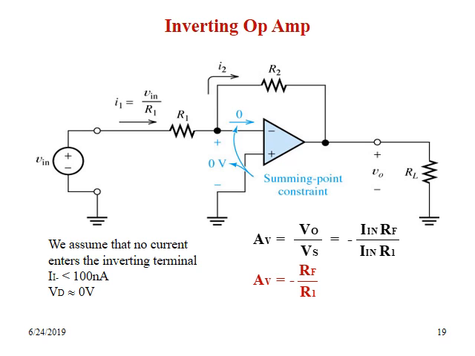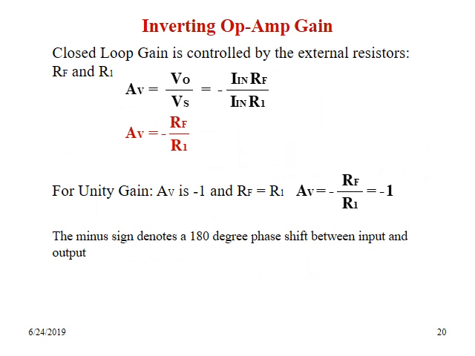R2 is nothing but RF, the feedback resistor. Therefore, the voltage gain is minus RF by R1. For unity gain, if RF is equal to R1, unity gain can be achieved. The minus sign denotes the 180 degrees phase shift between input and output.